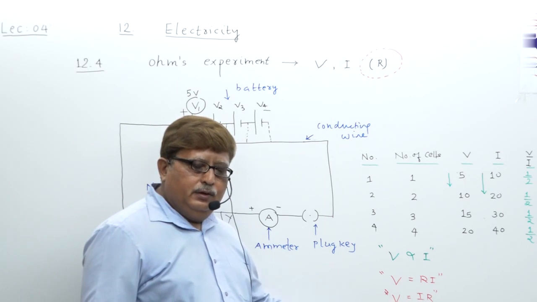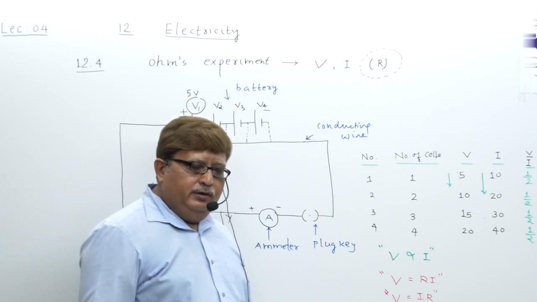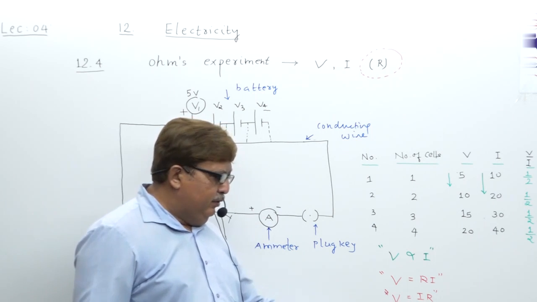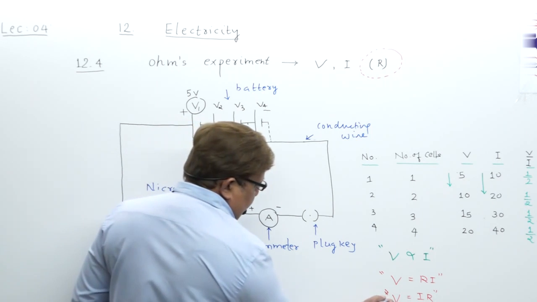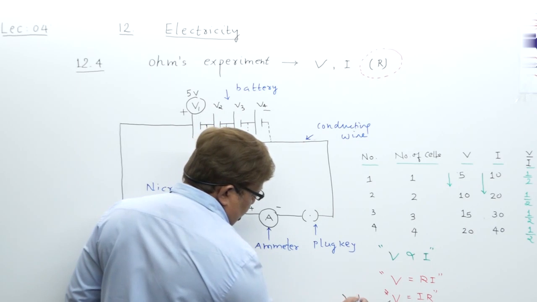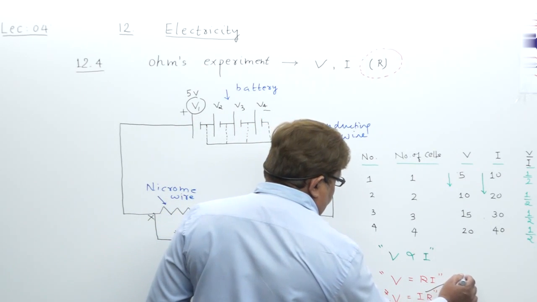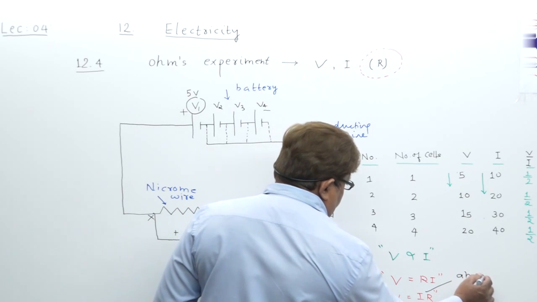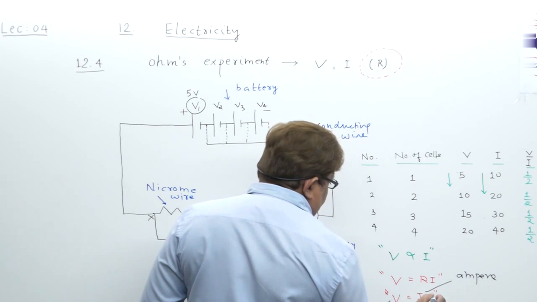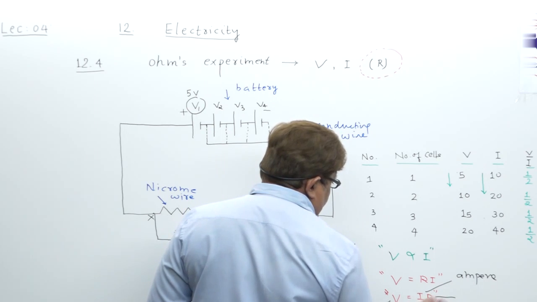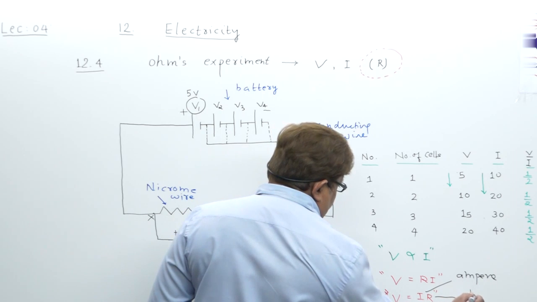V, electric potential, that means potential difference, is measured in volt, that you all know. Current is measured in ampere, you all know. And my dear student, resistance is measured in ohm.